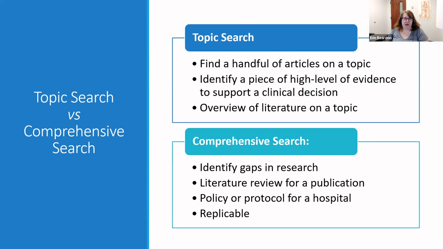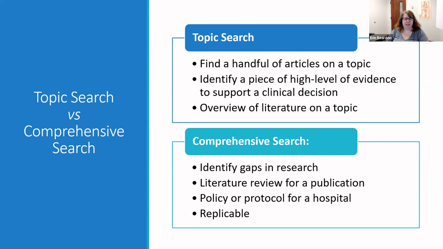There is another kind of searching that we call comprehensive searching. And this is when you want to capture everything or close to everything you can about a particular topic. You might want to do this if you want to identify gaps in research, so see what's being explored already, where there are avenues for future research.